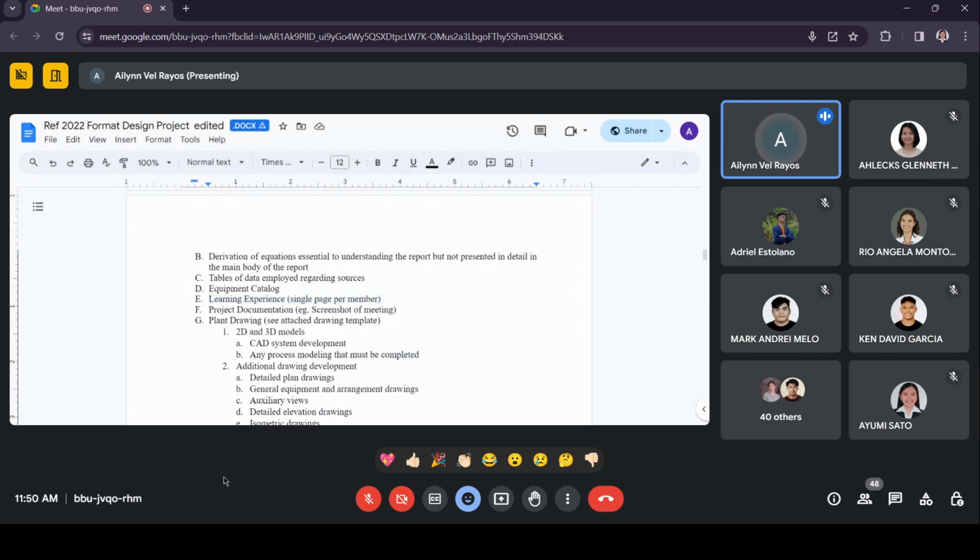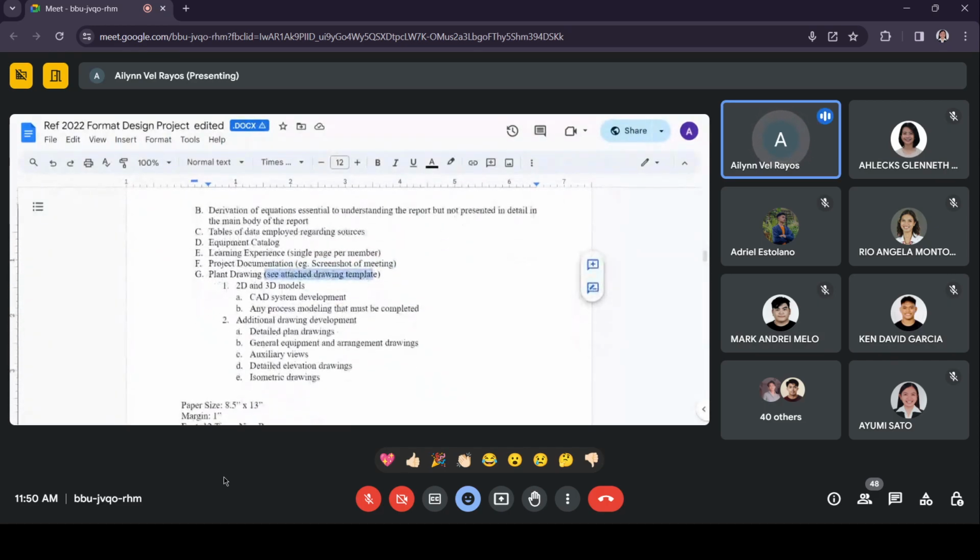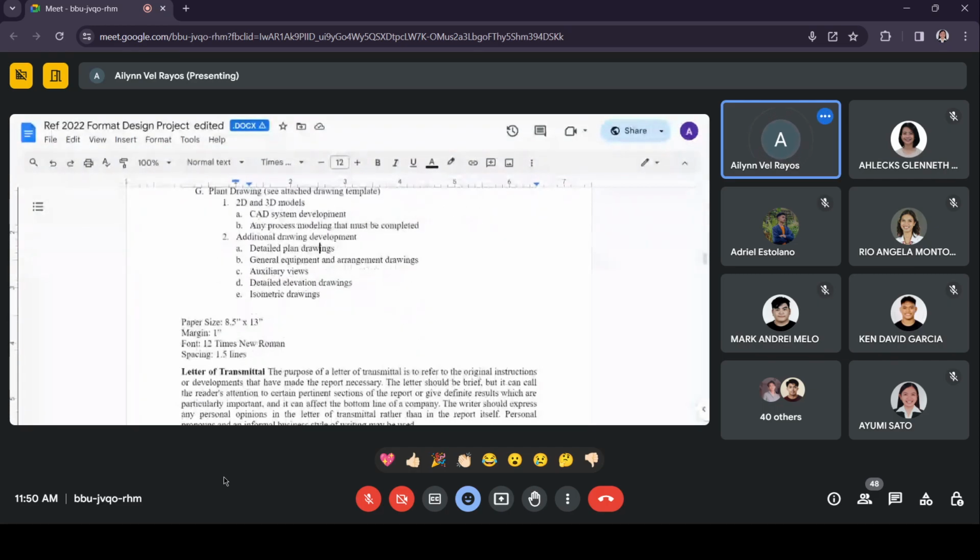Next is project documentation, screenshots of meetings, plant drawing, attached drawing table. You have 2D and 3D models. We have CAD system development, and any process modeling that must be completed. Additional drawing development is the detailed plan drawing, general equipment, auxiliary views, detailed elevation, and isometric drawings.